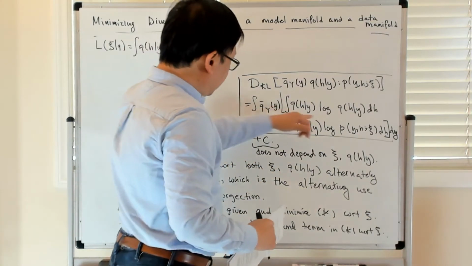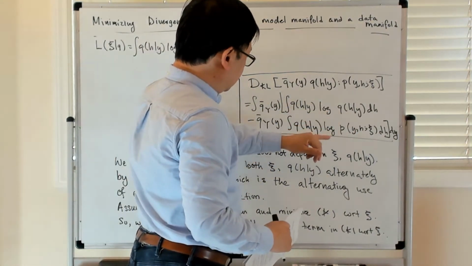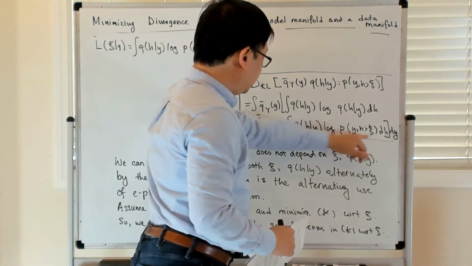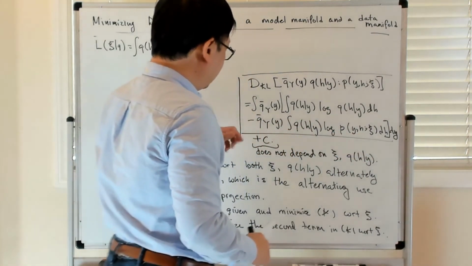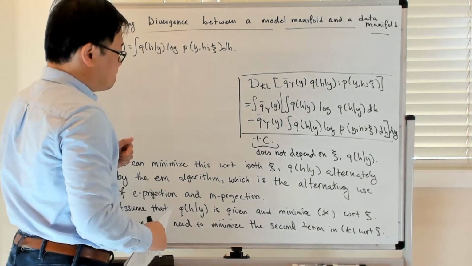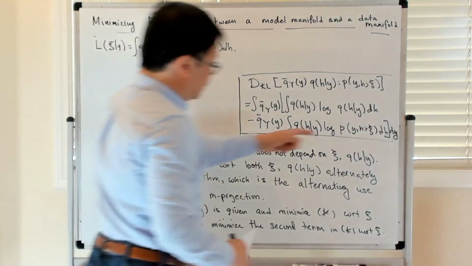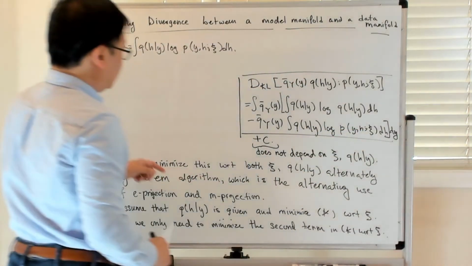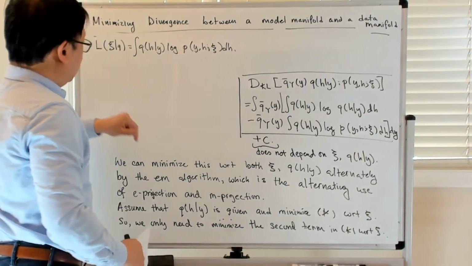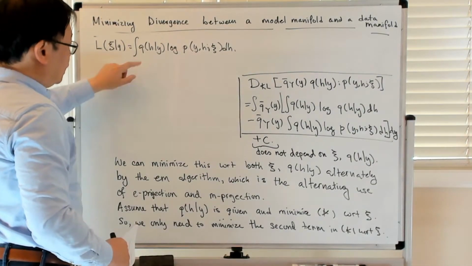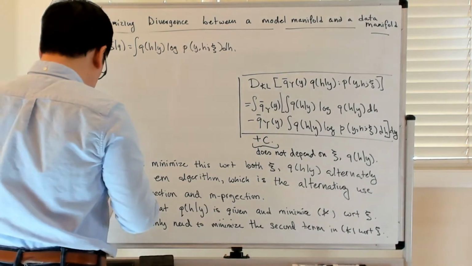This is the only part which varies with respect to C in this KL divergence. So I can differentiate that and set that equal to 0.